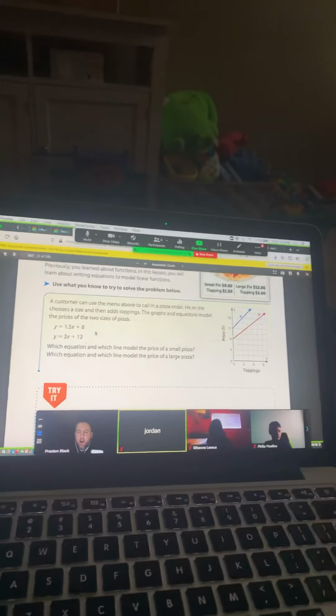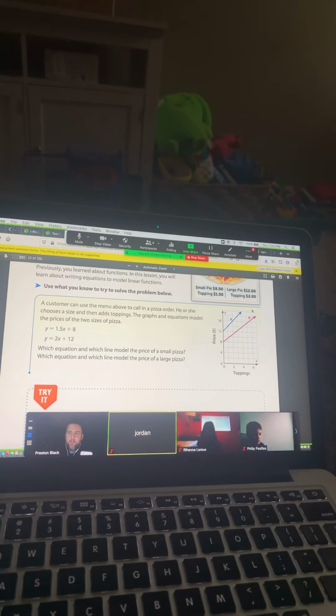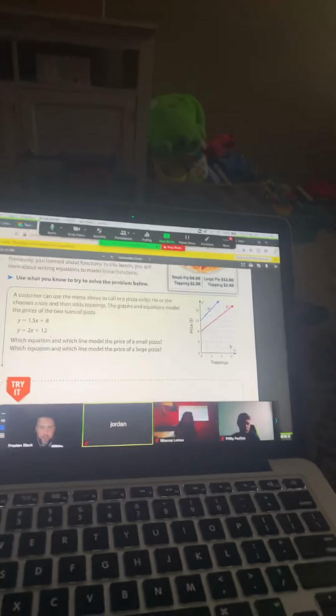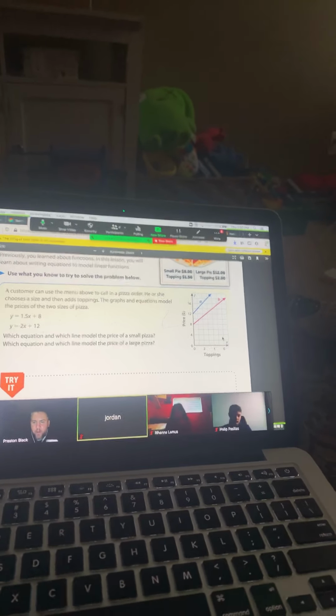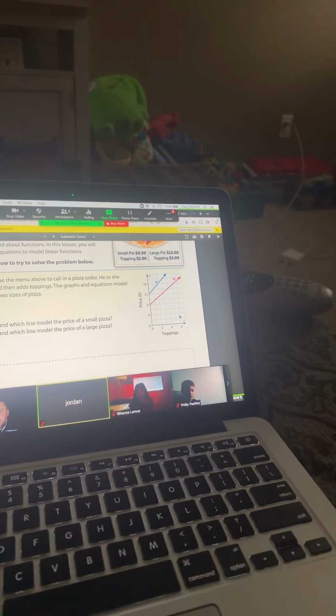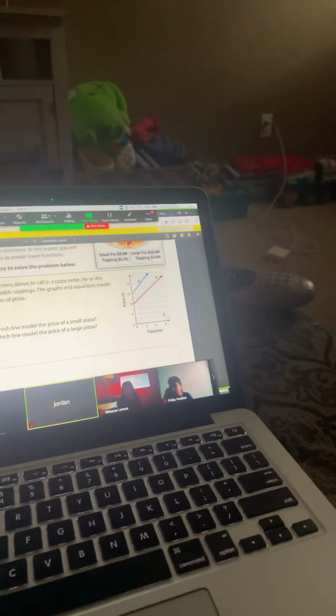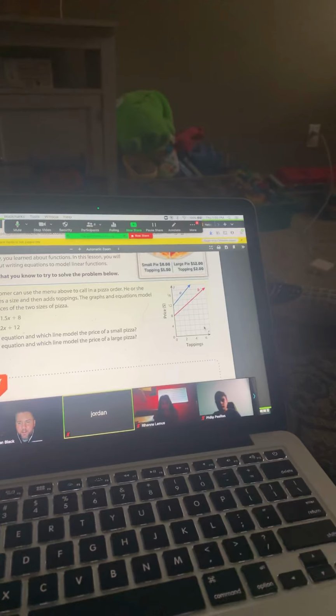So first off, if we look at the graph, are these linear functions? I see Rihanna shaking her head. How can you tell that they are linear functions?